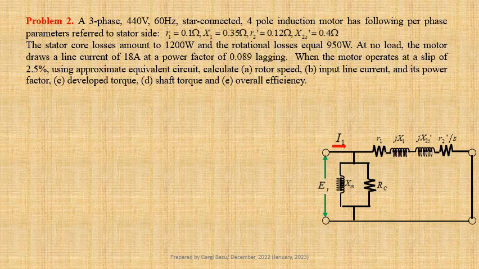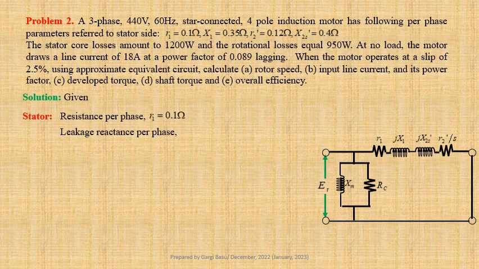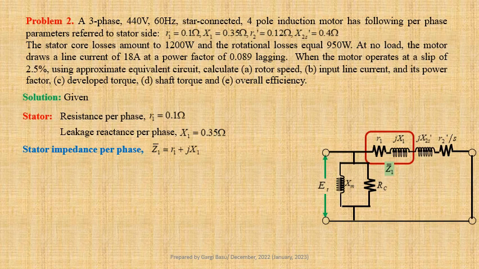Let us first write down the given data. For stator winding resistance per phase, R1 equals to 0.1 ohm and leakage reactance per phase, X1 equals to 0.35 ohm. Stator impedance per phase, Z1 equals to R1 plus jX1 equals to 0.1 plus j times 0.35 ohm.